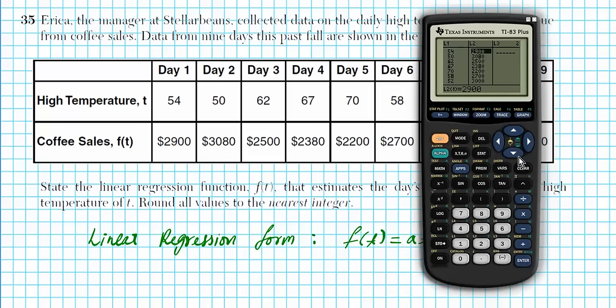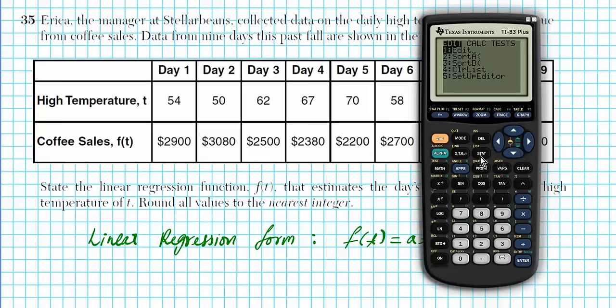Perfect. So now we're going to go to our catalog, and I'm going to turn on diagnostics. Okay, so let's go to catalog, and I'm going to go to D. Where is D at? Here. And then scroll down. I need to turn on diagnostic on, enter, enter. Calculator tells me done.